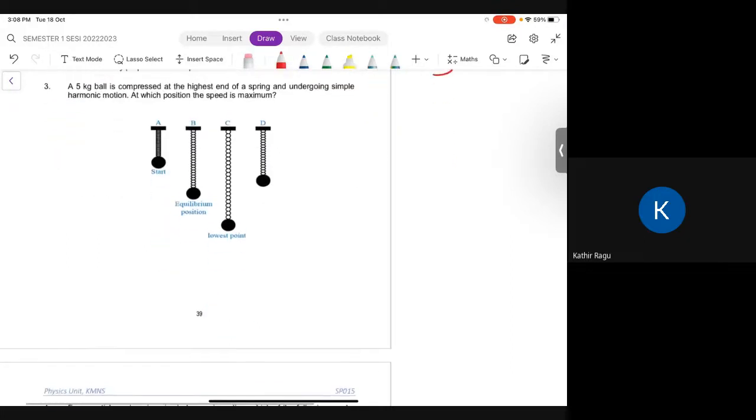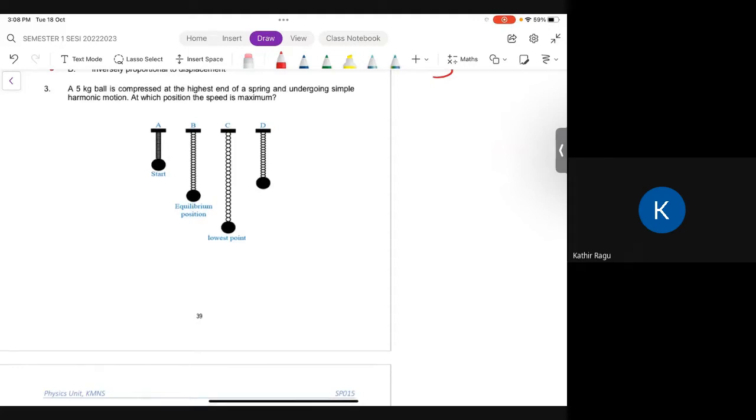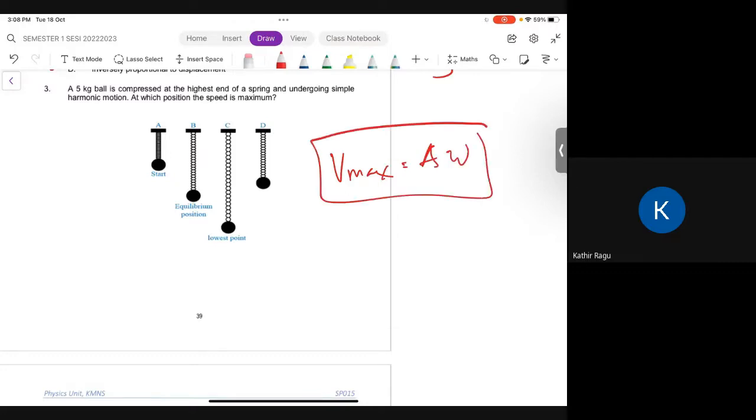Alright, so number 3, a 5 kg ball is compressed at the high end of the spring undergoes simple harmonic motion. Which position is the speed maximum? So apa formula speed? v max adalah equals to A omega. Masa kat mana yang berlaku? Dekat highest lah. Mana highest?